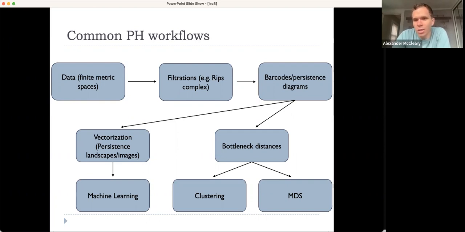Or we can take those persistence diagrams, compute bottleneck distances between each of them, and then use clustering algorithms or MDS, multidimensional scaling, to visualize what's going on there as a sort of topological simplification step, just getting the essential structure. And so these are the ways that persistent homology is typically used in practice.